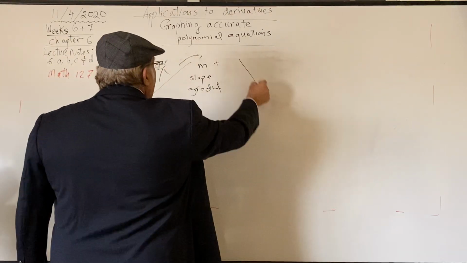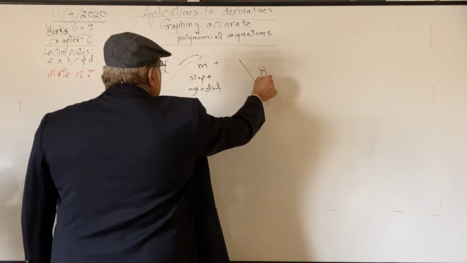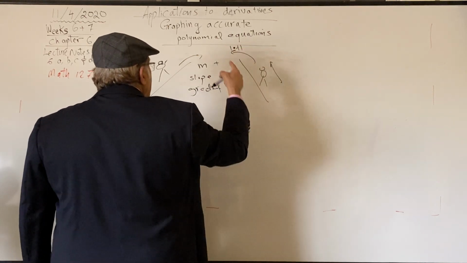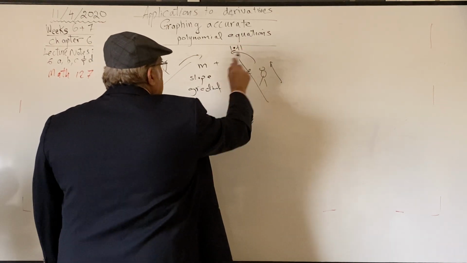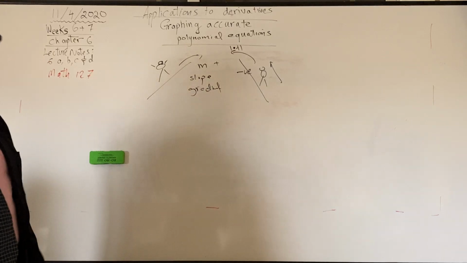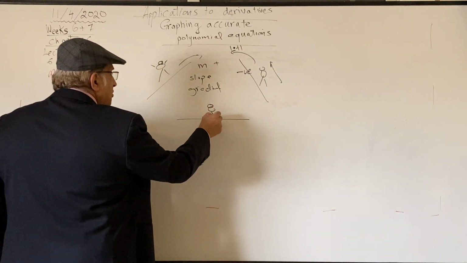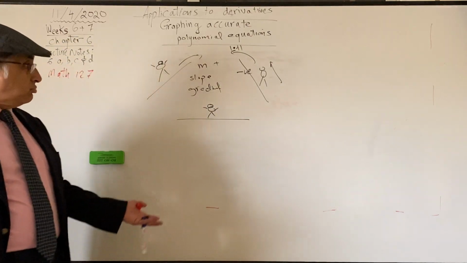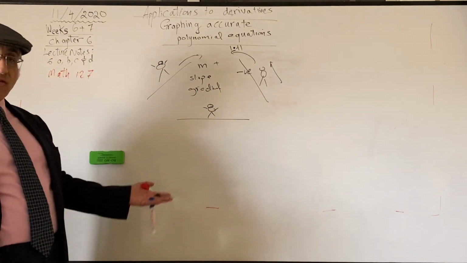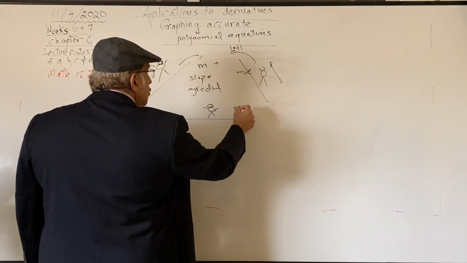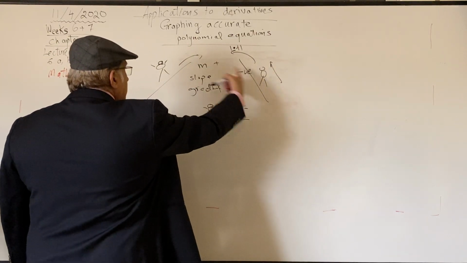While if I am going uphill but turning to the left, the slope of this line is always negative. And if I'm standing on a straight line like this, flat, horizontal, then the slope is neither positive nor negative.